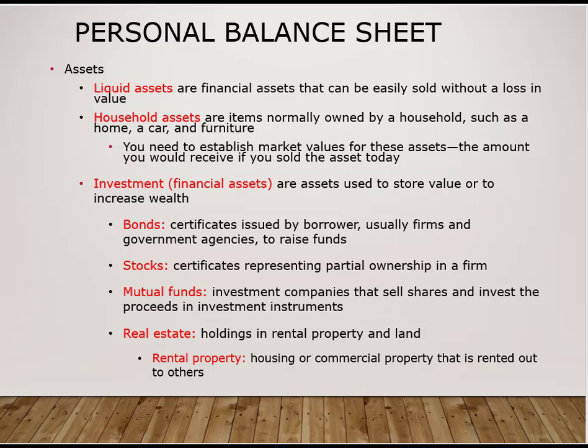The home's probably the easiest, but for a car, you could probably get that value from Kelley Blue Book. But for your other assets, it might require a little extra work. If you're really interested in getting a pretty exact number, you may have to get some things appraised.